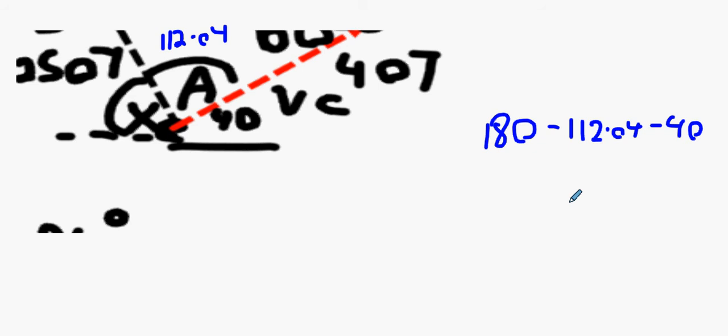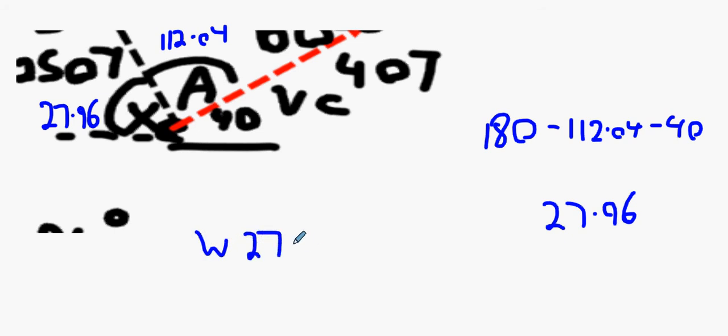That's 40 degrees. That's 112.04. This means x is 180, take away 112.04, take away 40, which is 27.96. Now how do I describe that? West 27.96 degrees north. Is that okay with you guys?